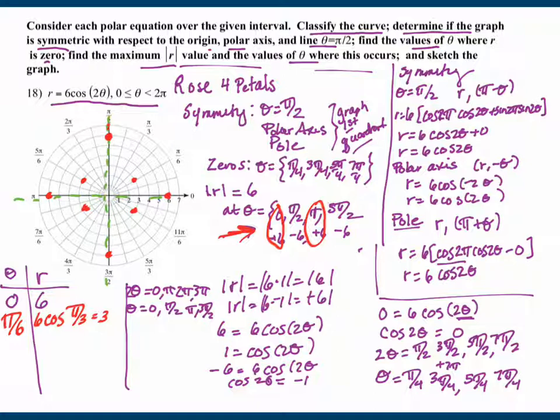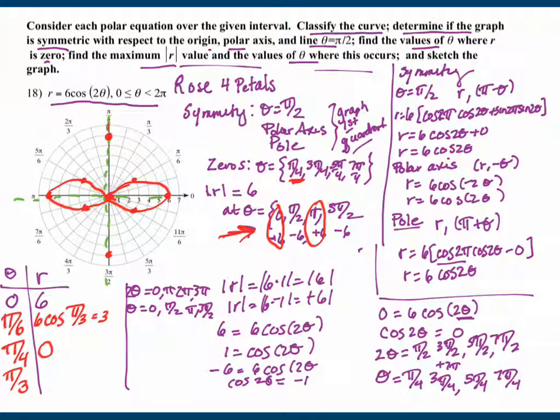So then I'm going to do pi over 4. And at pi over 4, if you remember, where's my pi over 4? Was a 0. So I'm back down to 0 at pi over 4, which means that I can tell I have right there a petal and another petal. So now I'm going to go to pi over 3.